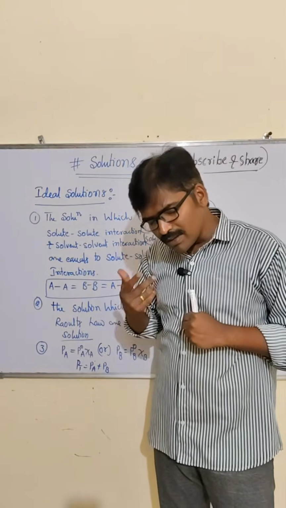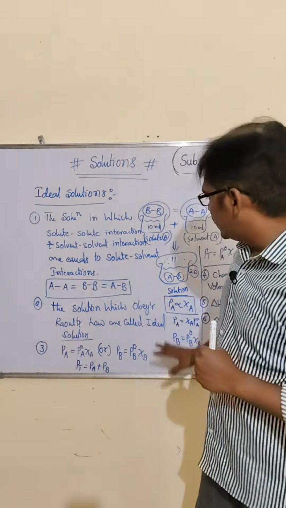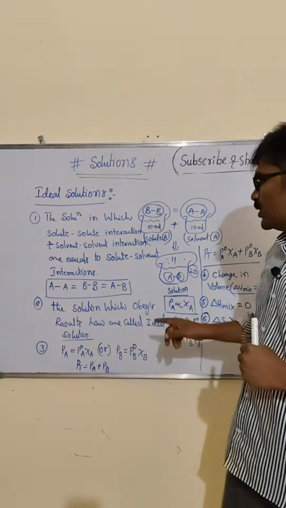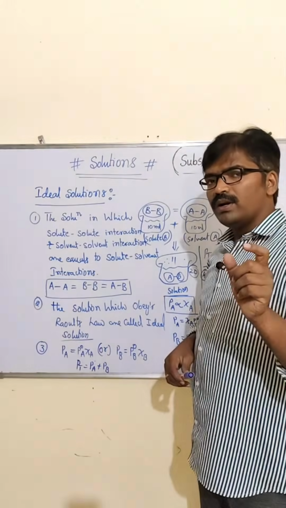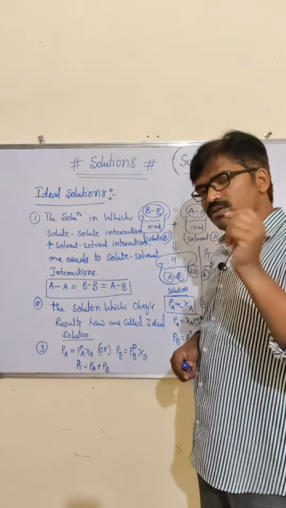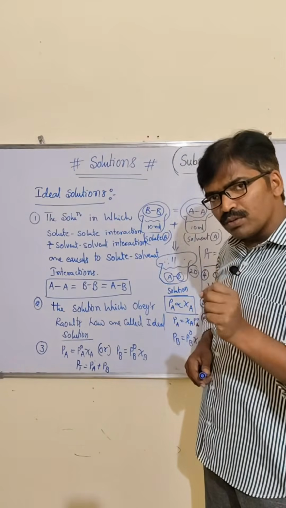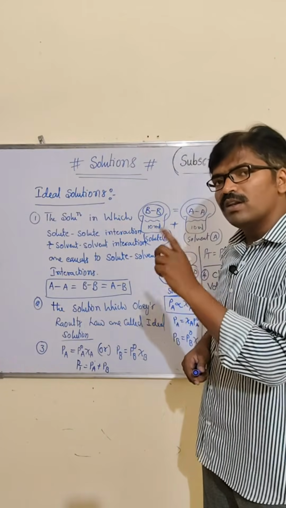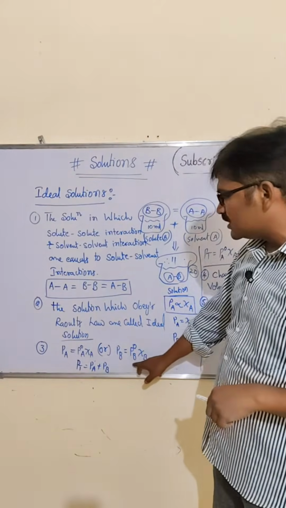Mathematically, Raoult's law: the partial pressure of each component in the solution is directly proportional to the mole fraction of that component, which I represented in the mathematical form like this.